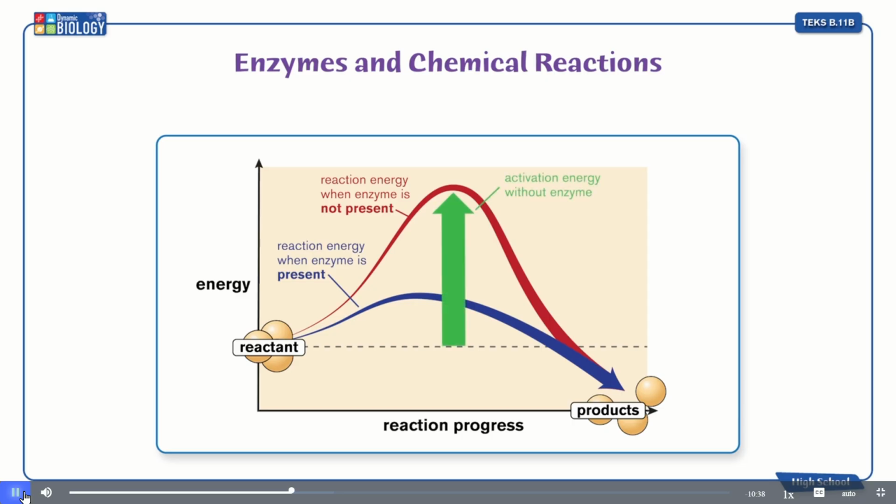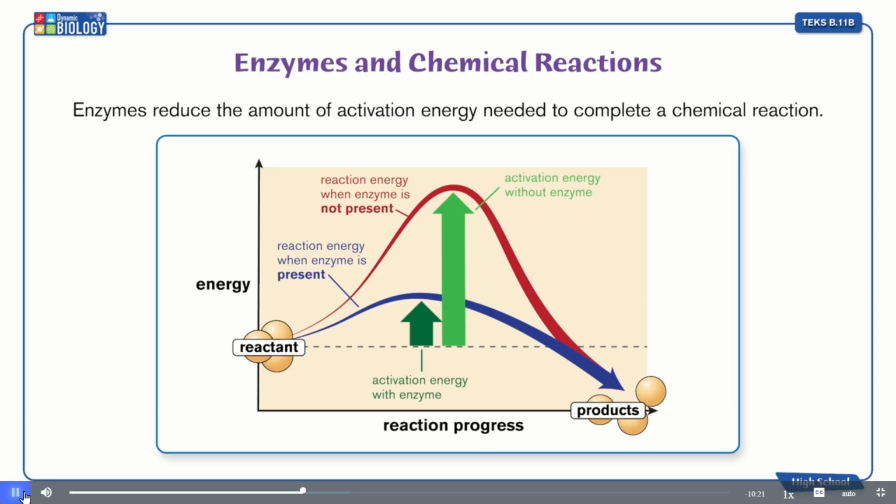Notice that the amount of activation energy needed when there is no enzyme is much greater than the amount of activation energy needed when the enzyme is present. What does this mean? It means the enzyme reduces the amount of energy needed to complete the reaction. As a result, the reaction happens more quickly. Let's take a closer look at how this works.